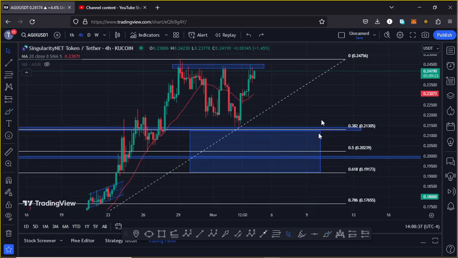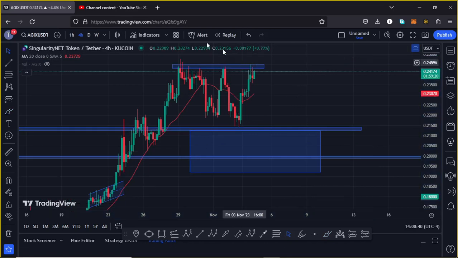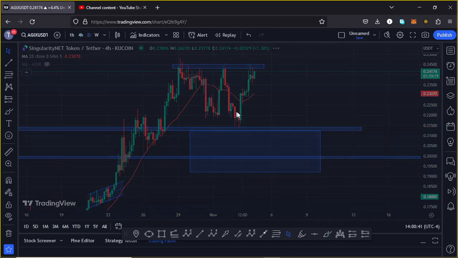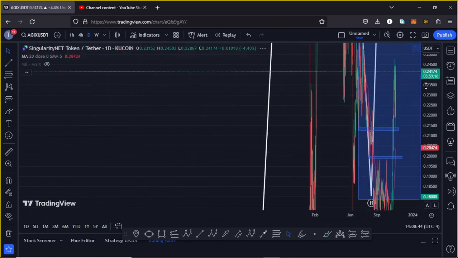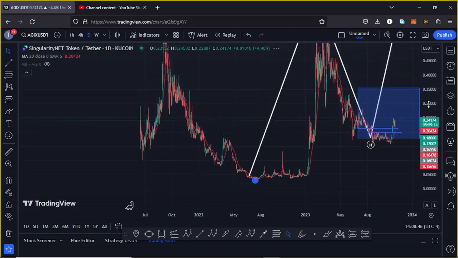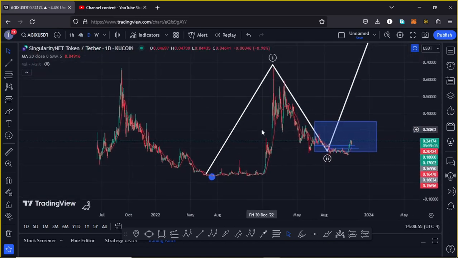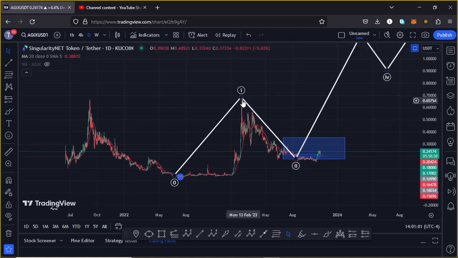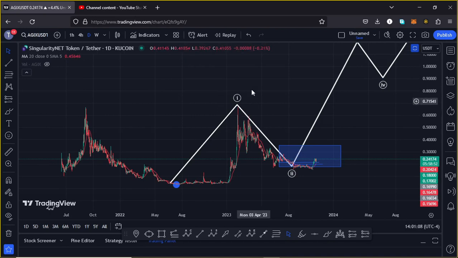And to give you my long-term Elliott analysis, allow me to jump to the daily chart to give you what I'm expecting once the bull market is here, where you can see that Agix gave us a low back in 2022 down there before we saw that massive push to the upside, giving us a high at around the $0.67 mark, completing the formation of this wave 1.